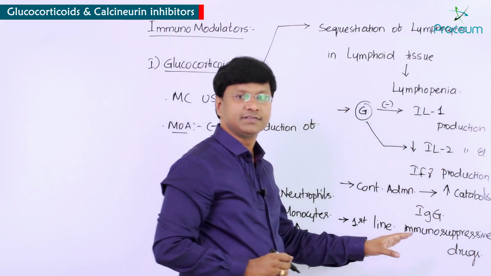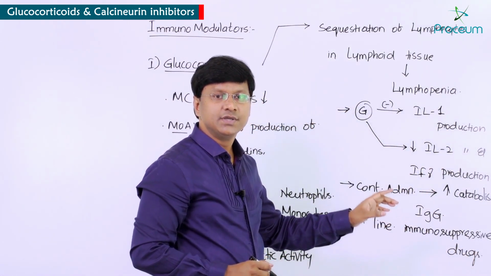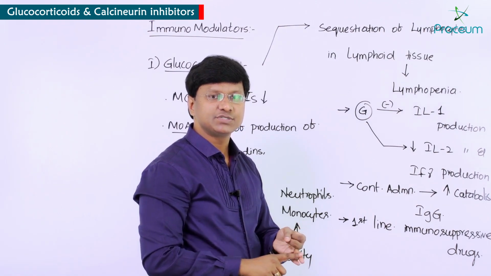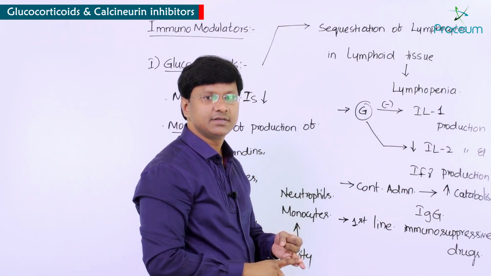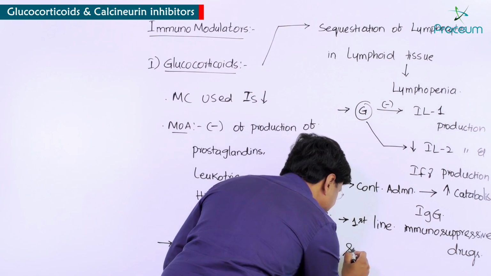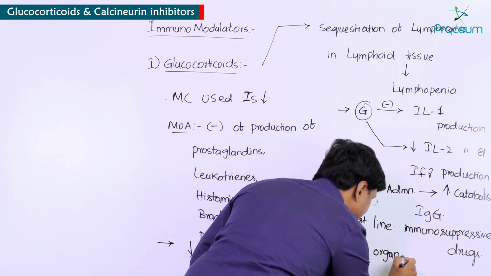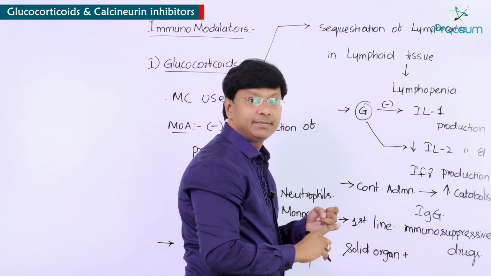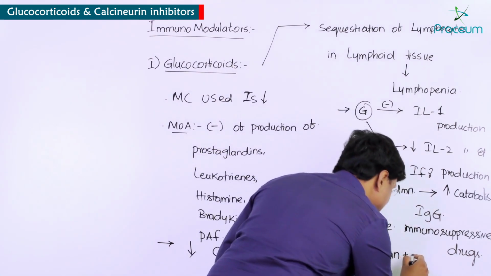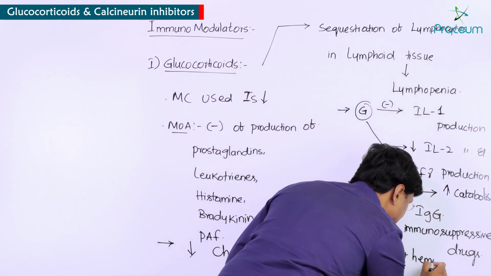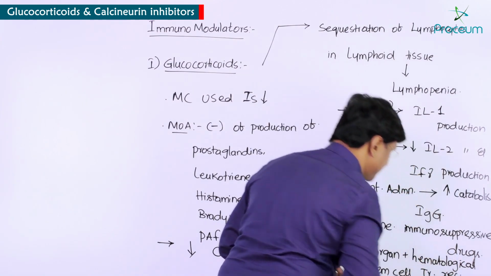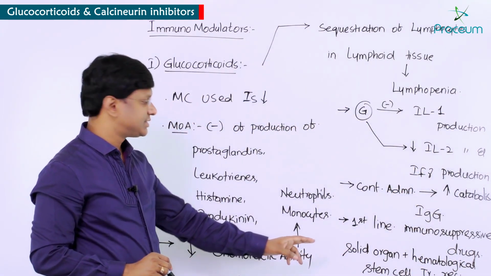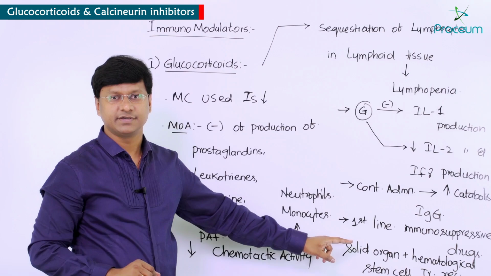These are considered as the first line immunosuppressive drugs for both solid organ and hematological stem cell transplant recipients. Okay, so in both these clinical disorders, these drugs are used as first line drugs.